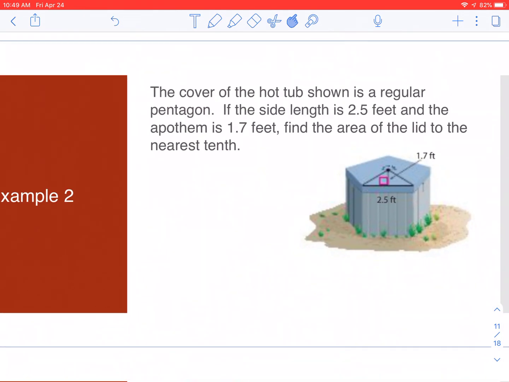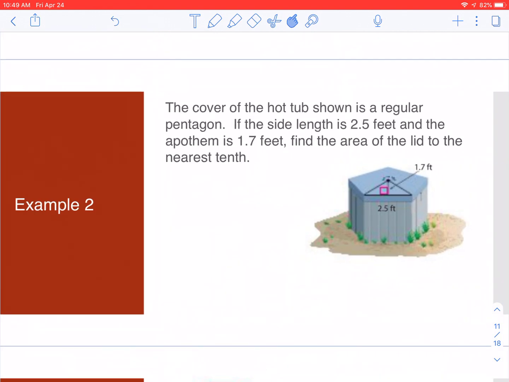Okay, so I'm going to do this the long way, okay? But what we're going to do here is we're going to use some formulas that you already know to solve the area of this pentagon. I'm going to redraw this triangle, which we're going to do for a lot of the shapes that we have.